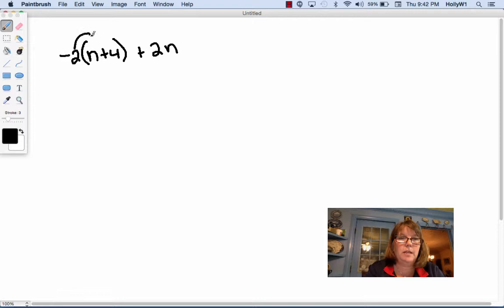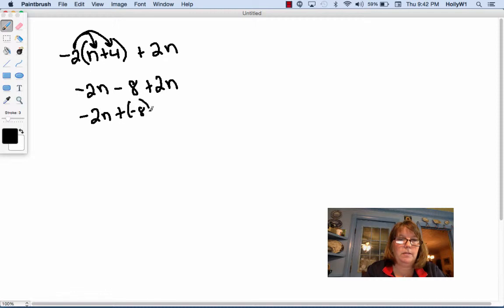So we need to distribute the negative 2 into the things that are in the parentheses. So negative 2 times n is negative 2n. Negative 2 times 4 is negative 8 plus 2n. Well, let's rewrite this as an addition problem. So negative 2n plus a negative 8 plus 2n.